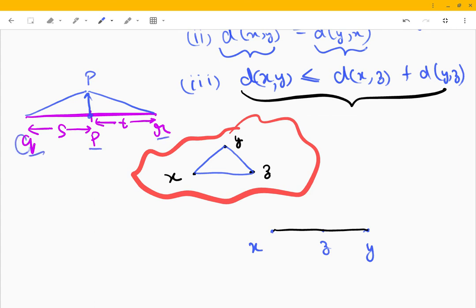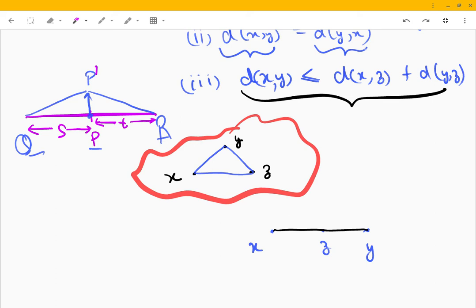Q, P, R are in bold, because we represent points with bold alphabets. Let's say this is P dash.